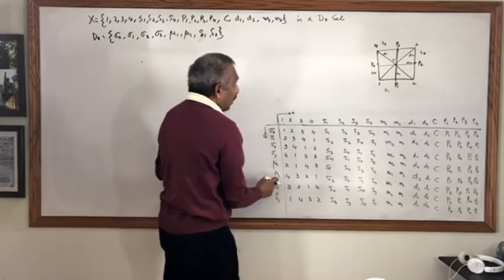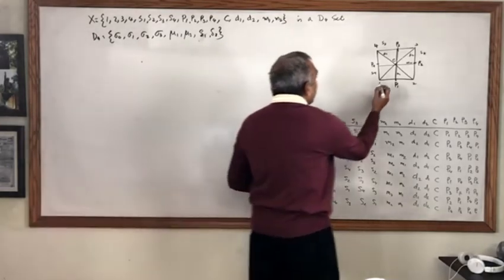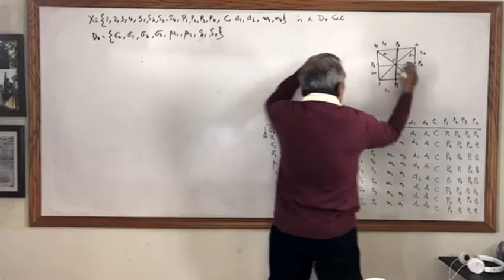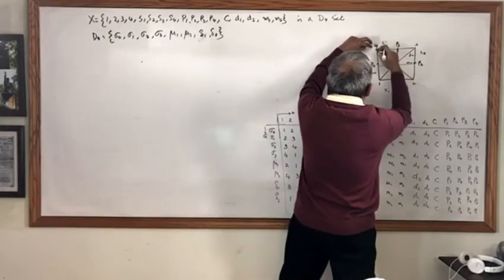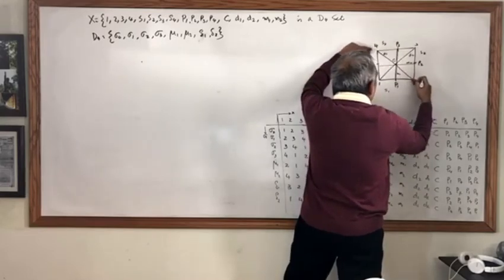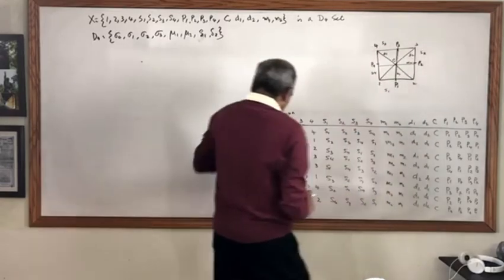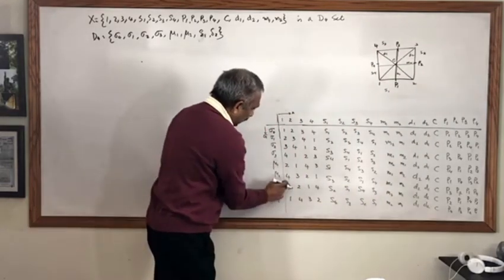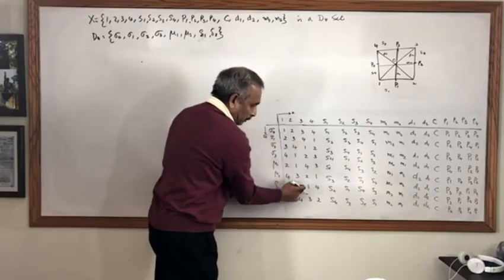The delta 1 goes, 1 goes to 3, meaning you are taking the image on this diagonal. So 1 goes to 3, but 4 and 2 are fixed. 1 goes to 3, 2 is fixed, 3 goes to 1.